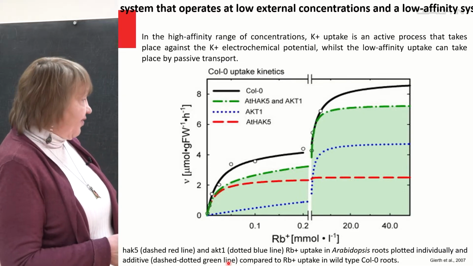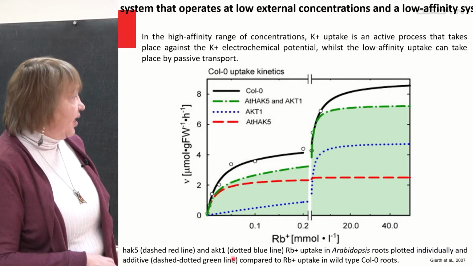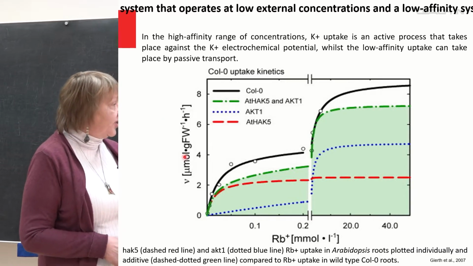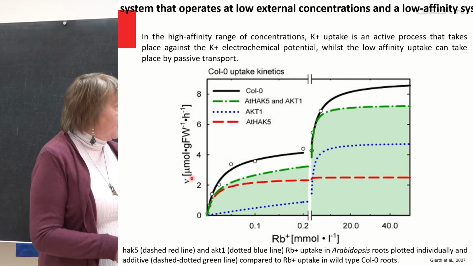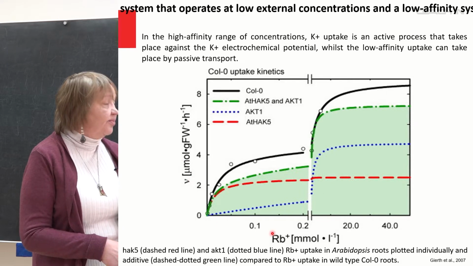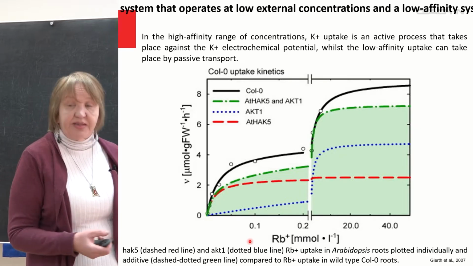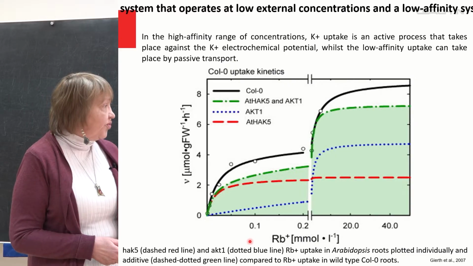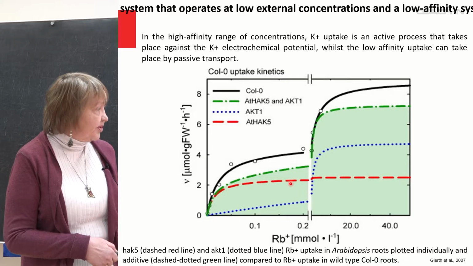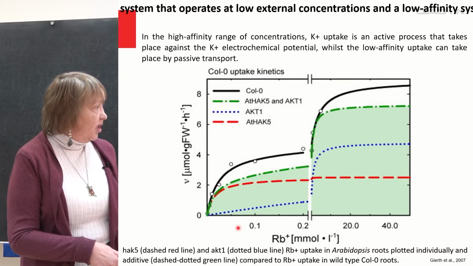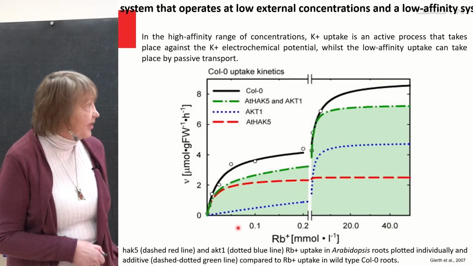So on this graph you see potassium uptake in micromole per gram of fresh weight versus concentration. This is rubidium, which is transported through the same channels as potassium. So they trace rubidium concentration in the plant depending on concentration outside.